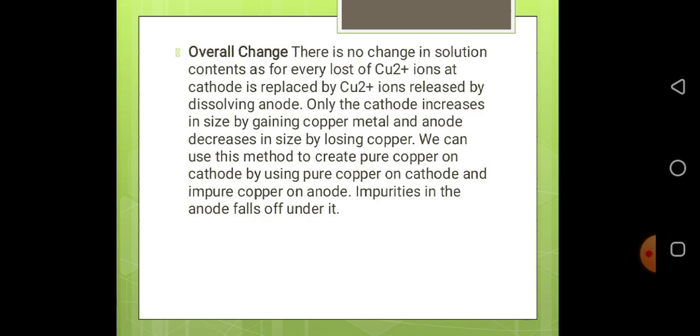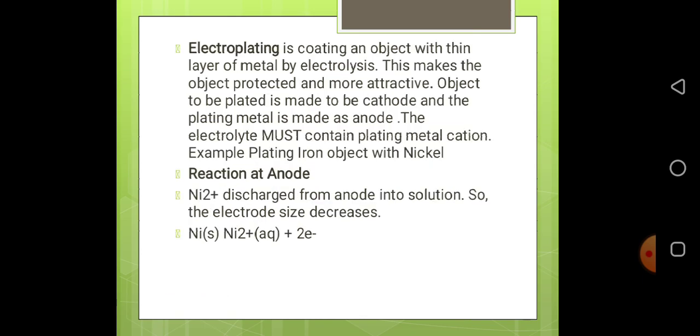So we can use this method to get pure copper on the cathode by using impure copper at the anode. Impurities in the anode fall off under it.